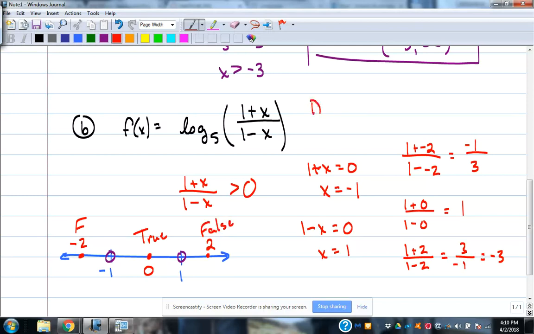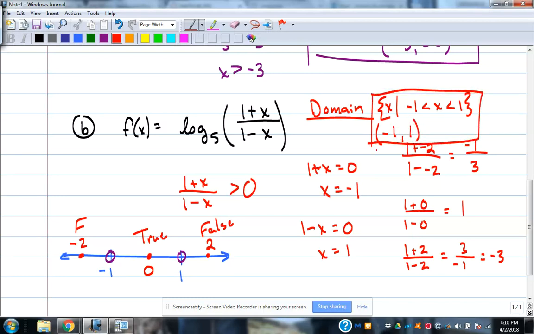So the domain, because the interval from -1 to +1 is the only true area, is all x's such that x is between -1 and +1. There's our set notation for that. Interval notation would be -1 to +1.